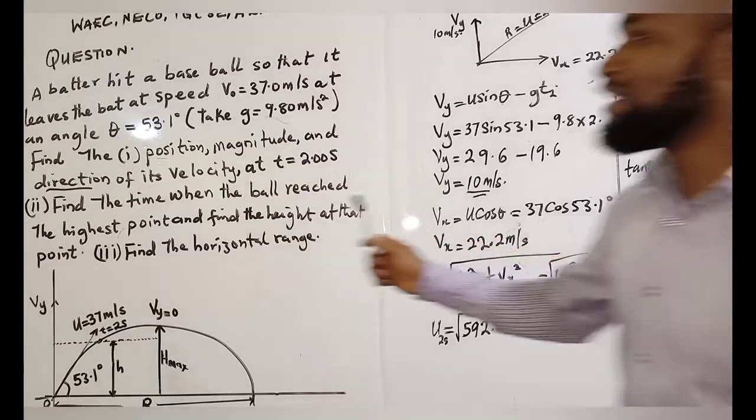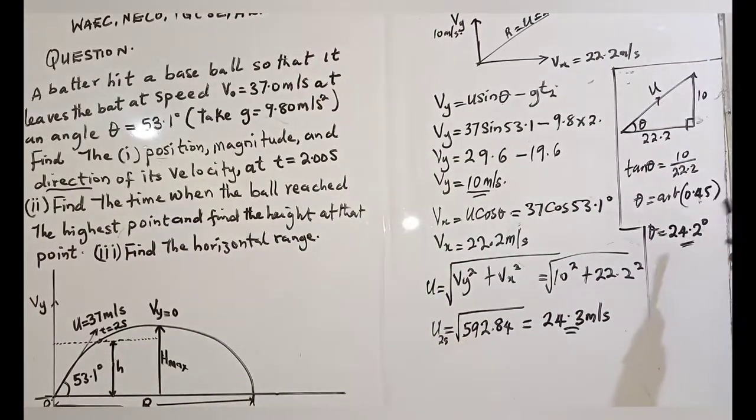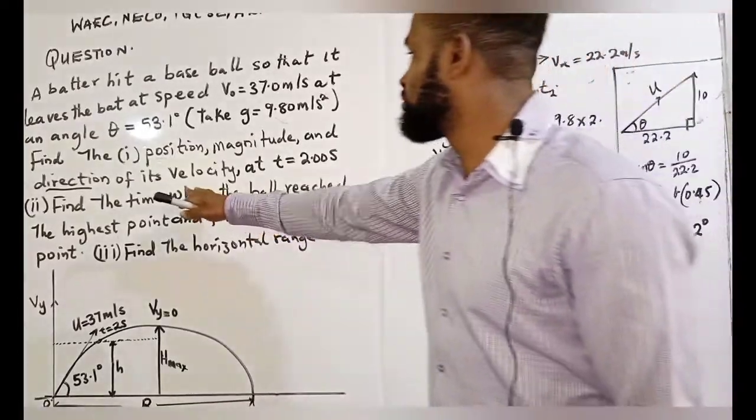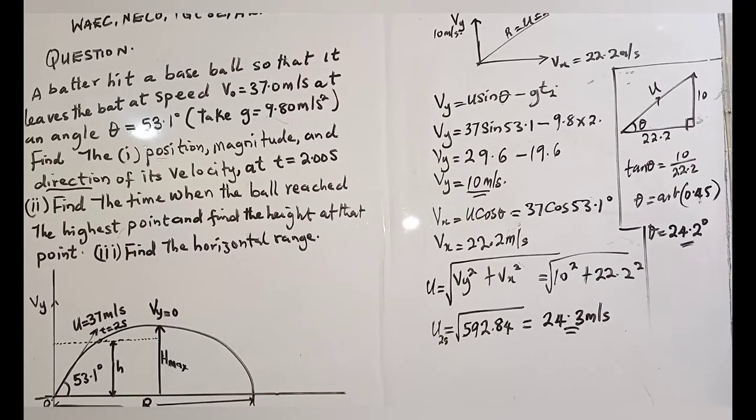And the direction, which is the angle, is 24.2 degrees. So that is what this question is all about for number 1. Now we are going to solve for number 2.